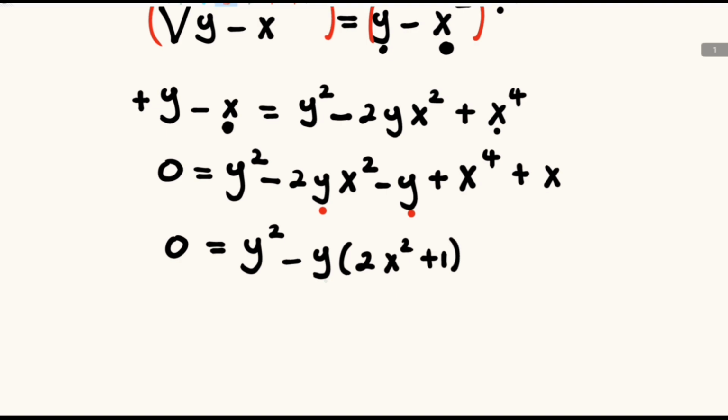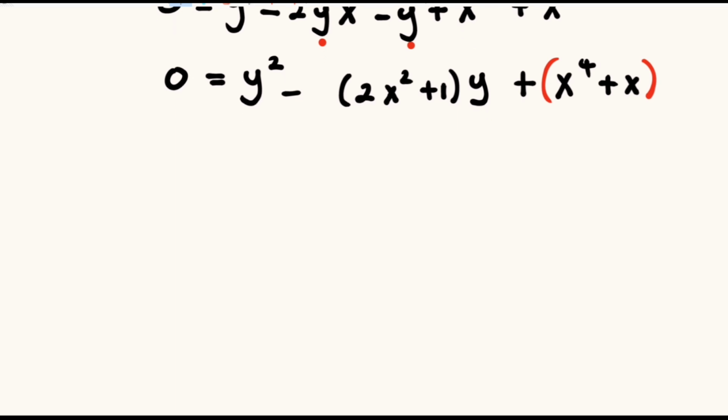We have a quadratic equation in y, so we can take this y and move it this side so that we can see that the negative into 2x squared plus 1 is a coefficient of the y. And we have the x raised to the power 4 plus x. In terms of y, the x to the power 4 plus x will be a constant.